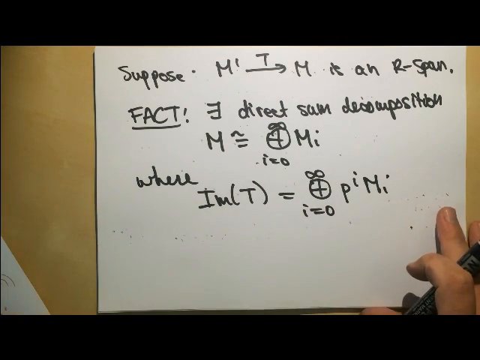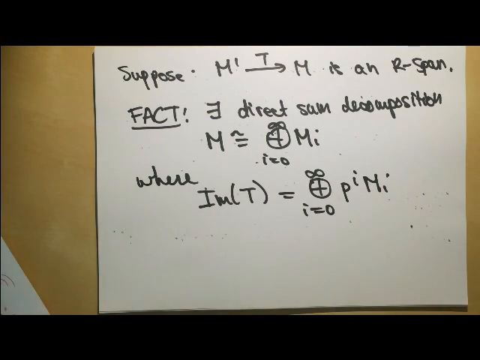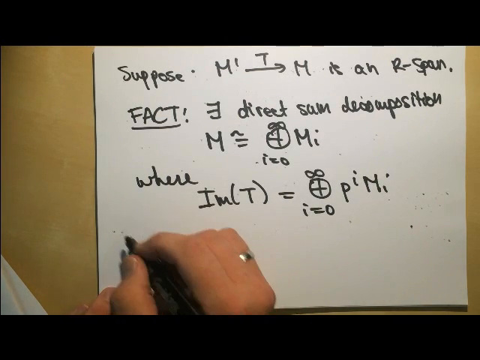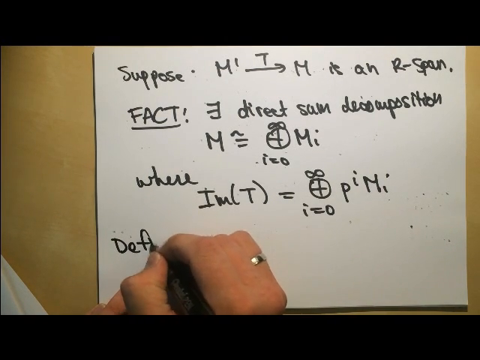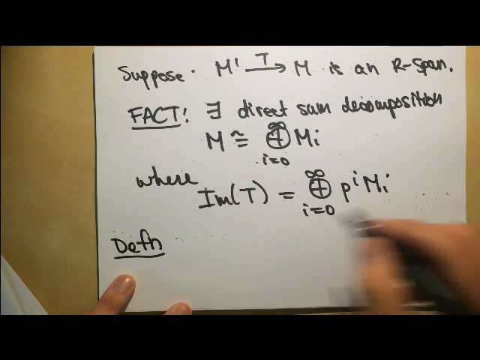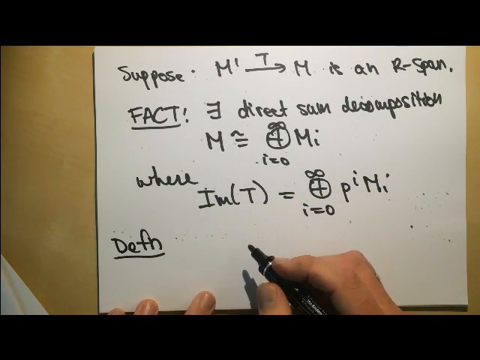Okay. Because of this, we can define this notion of an abstract Hodge number. So now let me give a definition. So this gives rise to the abstract Hodge number.